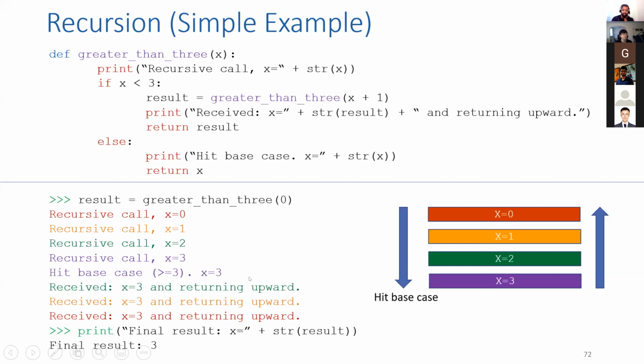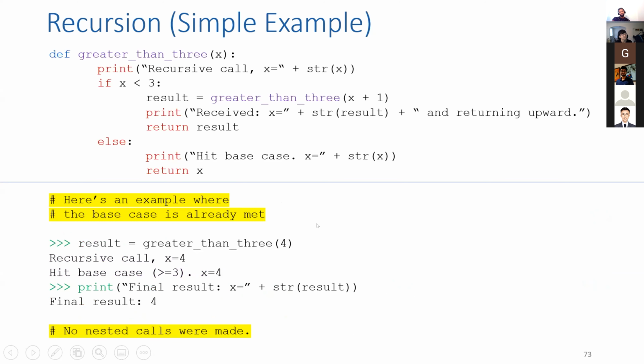Then it starts to return the value upward until it reaches the top level. This is essentially what's happening in this diagram over here. We started at 0, went a level deeper, and then went all the way until we hit x equals 3, which is the base case, and then we returned back up to the top level, closing the recursion. The final result is that we've modified this input variable of 0 to have a final value of 3. So you can perform a for loop or while loop-ish operation, in effect, by doing recursion.